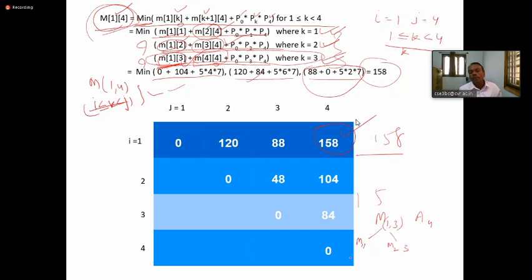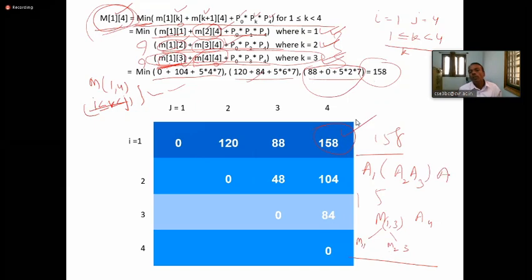Are you clear? Finally, what happens? This is A1 first, then M2 3, that means A2, A3. Then you go to multiplication of A4. This is your final sequence of multiplications.